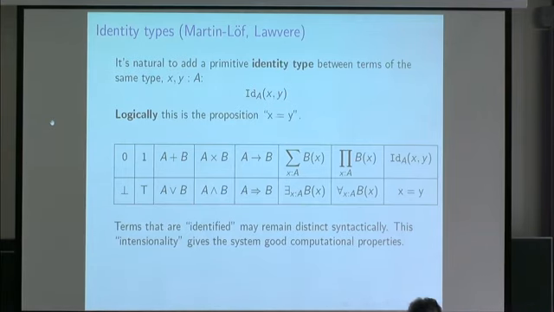And the kind of interesting thing here is the terms that get identified under this new type are not necessarily identified syntactically. This gives the system a curious intensionality, and that's why the system is called intensional Martin-Löf type theory, and it maintains some good computational properties.